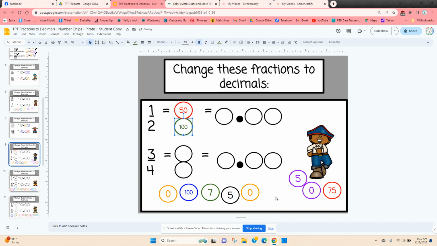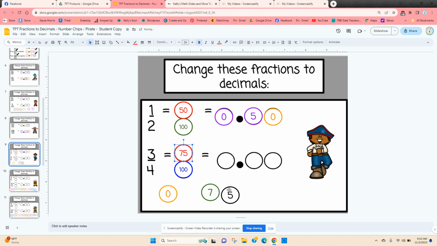And they should know by now how to change that to a decimal, 50 hundredths. This one, to get 100 in the denominator, we have to multiply by 25. Well, 3 times 25 is 75. So they get 75 hundredths as a decimal.